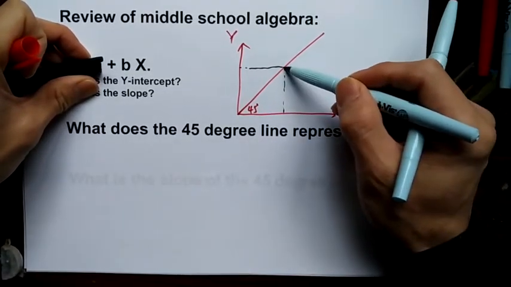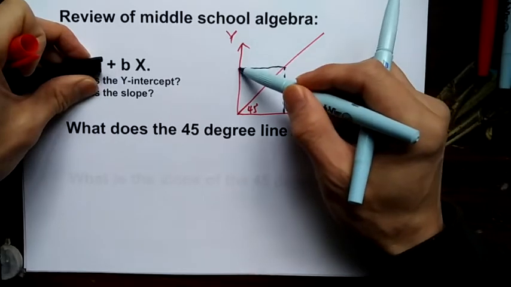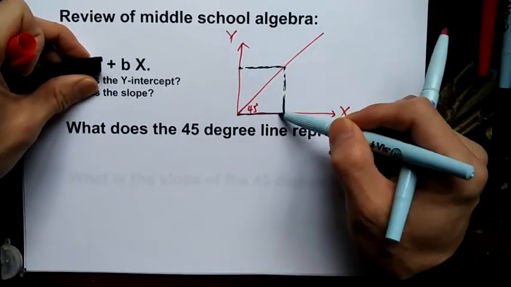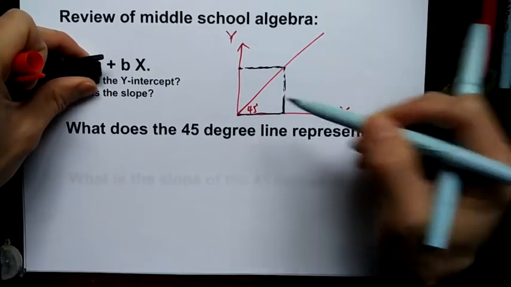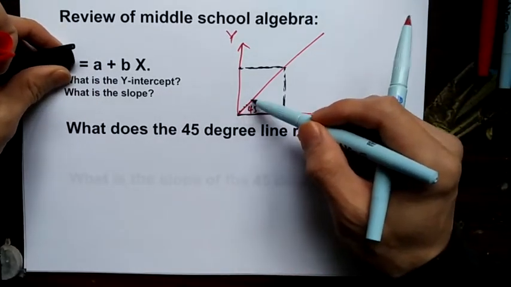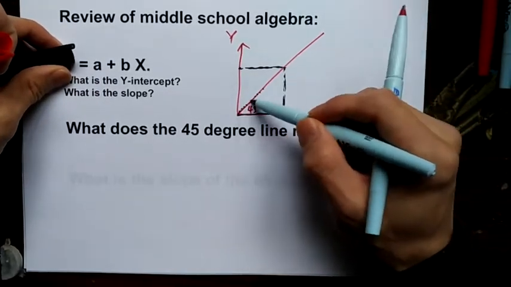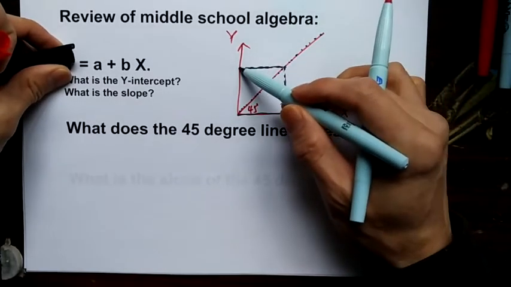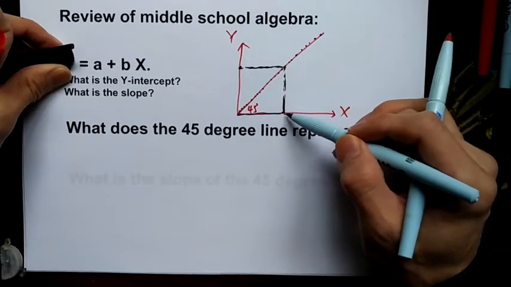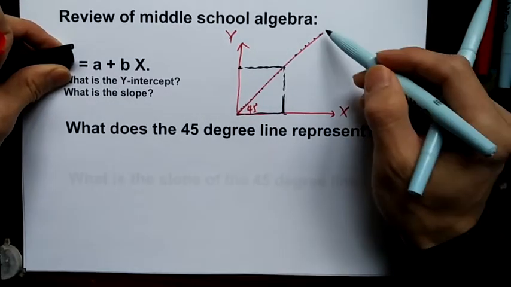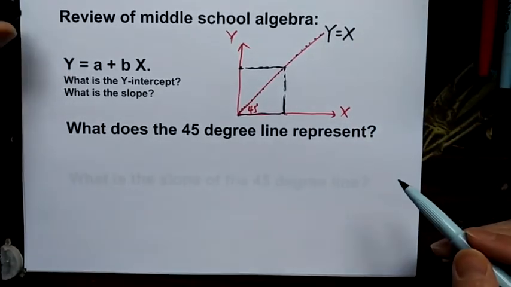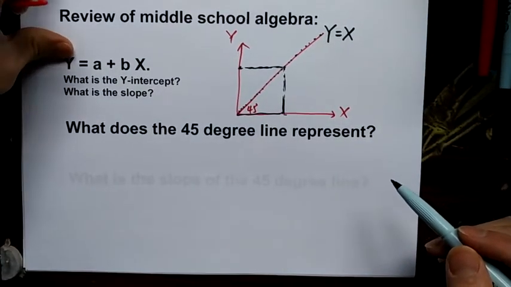That is, this must be equal to this. This must be equal to this. That is, at any point on the 45-degree line, y is always equal to x. That is, the function of the 45-degree line is y equal to x.